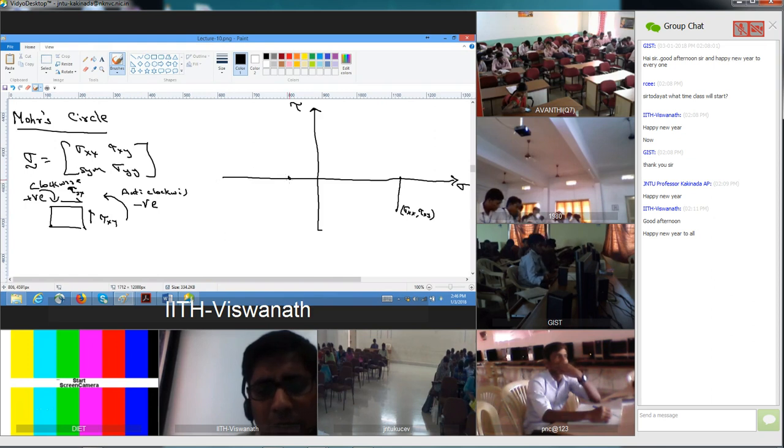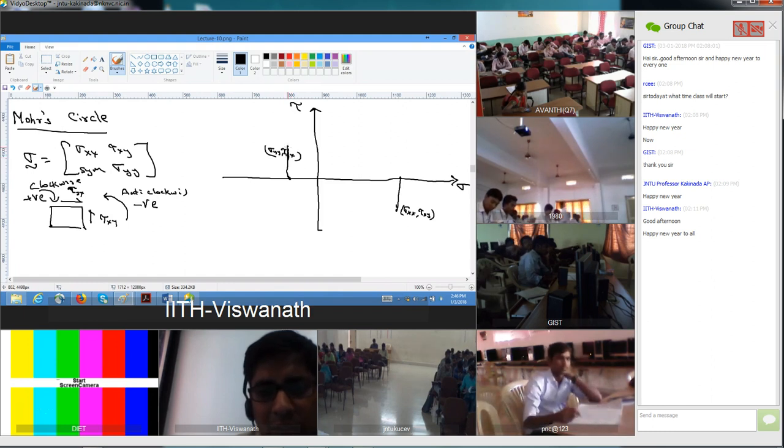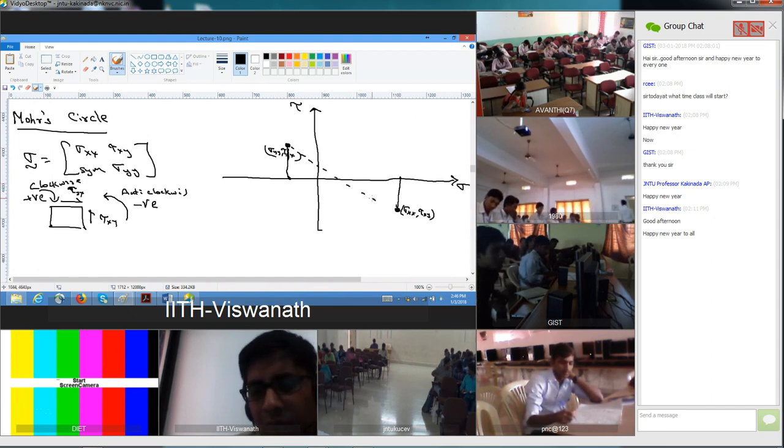I choose this to be sigma yy, and my shear stress of the same magnitude as this one has to be here: sigma yy comma tau yx. Now with this as one end and this as another end, join these lines. So we have joined these lines.